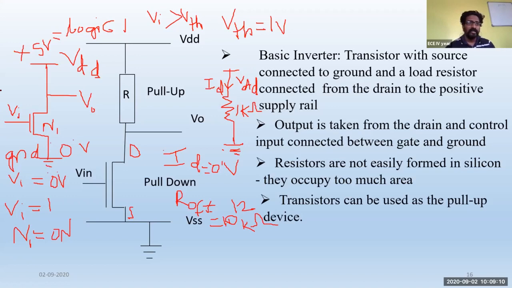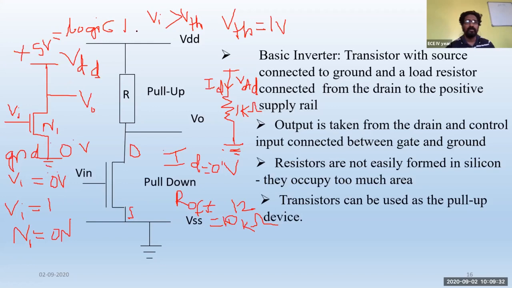If you are turning it on, you are supplying some positive 5 volts, and that has to be greater than your threshold voltage. Why? Because a transistor will be turned on only when we supply an input voltage which is greater than the threshold voltage.